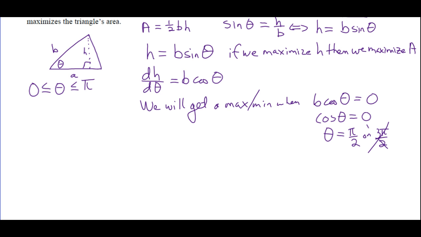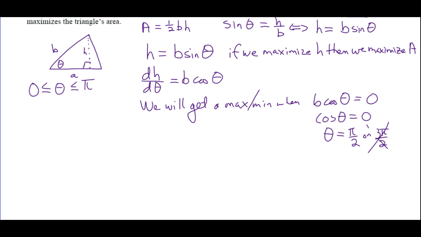So when theta is 0, b sine theta will be 0 because sine theta is 0. When theta is pi, sine theta is 0. So theta is pi over 2, which makes sine theta equal to 1, so that h is equal to b. Okay. So really, it just means that it's got to be a right-angled triangle, right? That's the value of theta that maximizes the area. Okay.